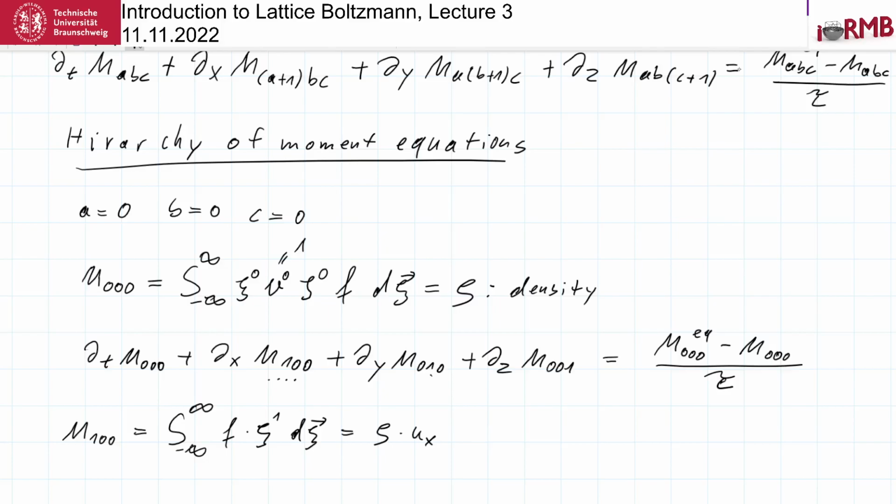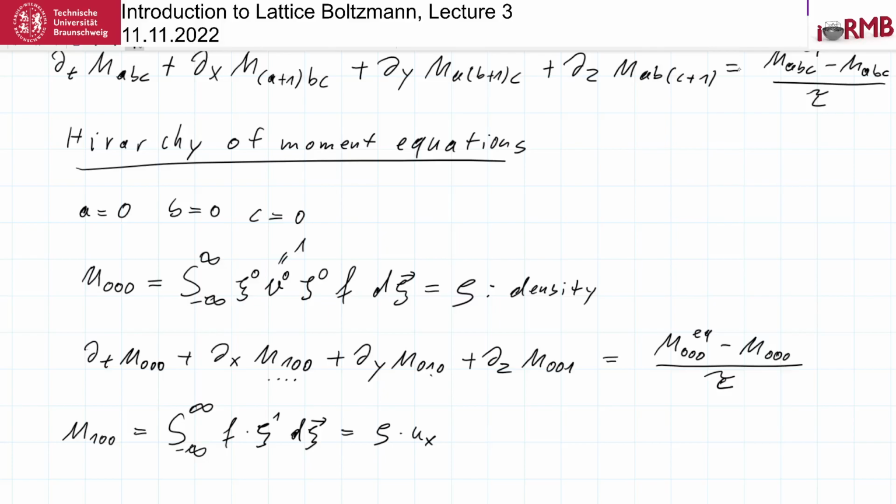So this is not the particle velocity, but the average velocity of the particles of the particle distribution function. This is the macroscopic velocity that we observe if we regard the fluid as a continuum.